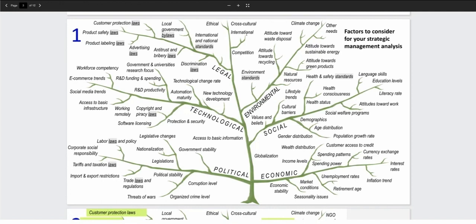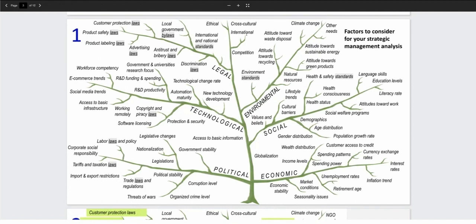Is there any influence of government stability on our business? Is there any influence of corruption level, political stability, organized crime level, labor laws and policies, tariffs and taxation laws? Any of these influences are coming from the political factors.